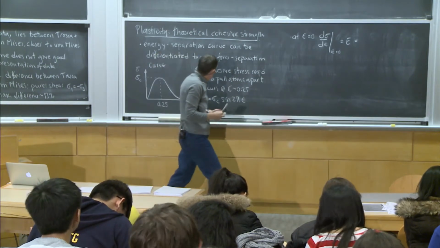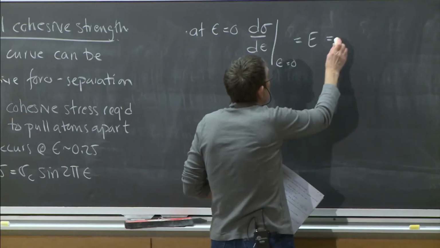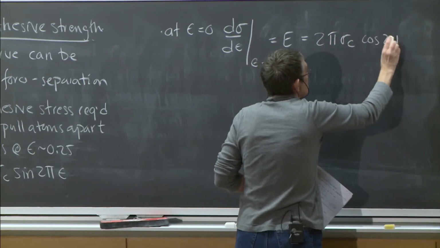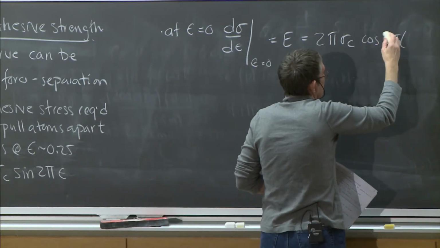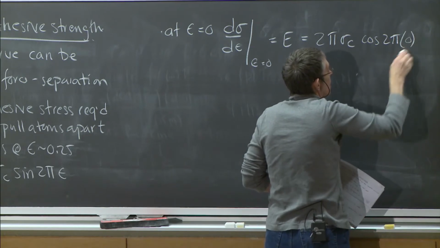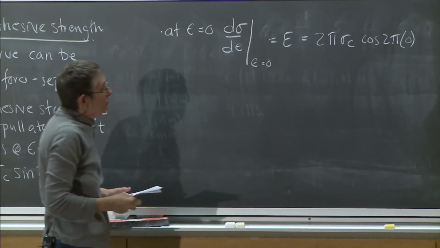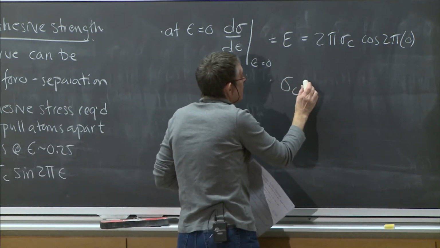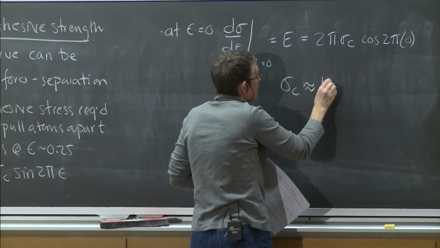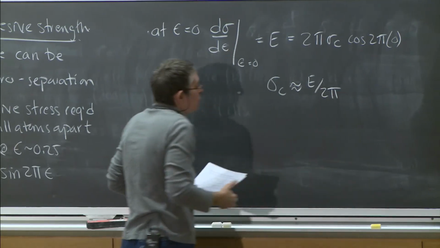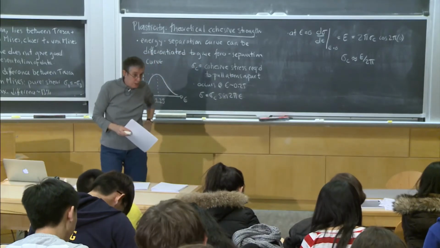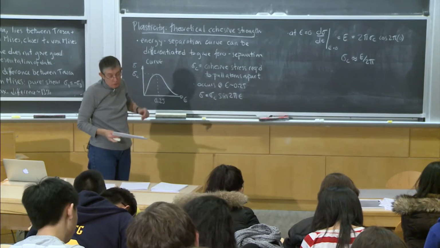If I differentiate that, I get sigma c times 2 pi times cos of 2 pi epsilon, and at epsilon 0, cos of 0 is 1. So this would give you an ideal cohesive strength of approximately the modulus over 2 pi. The 2 pi is around 6.